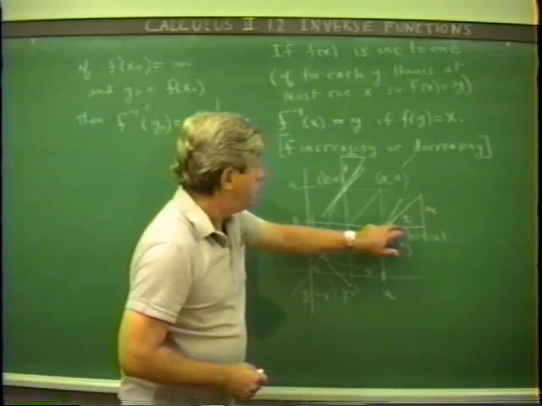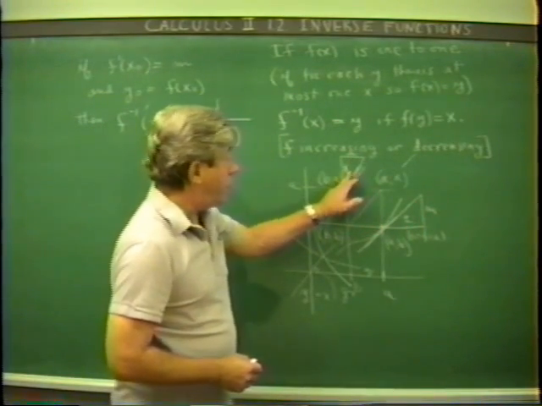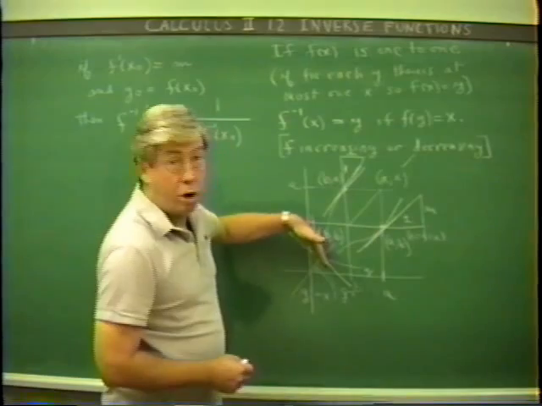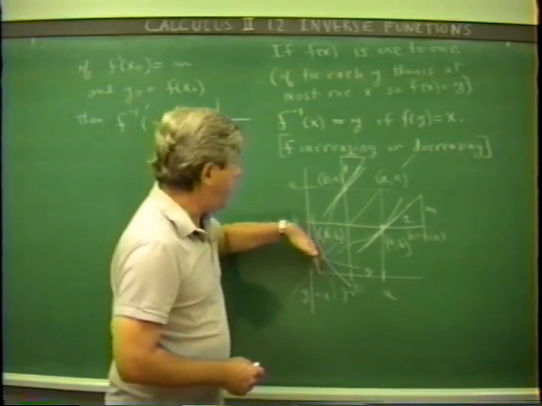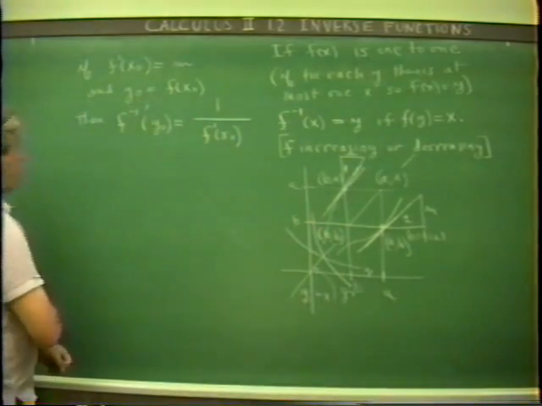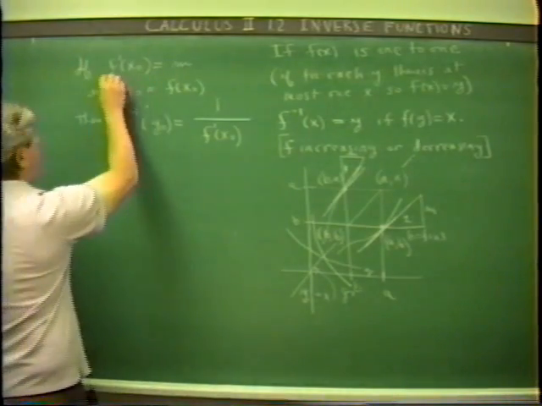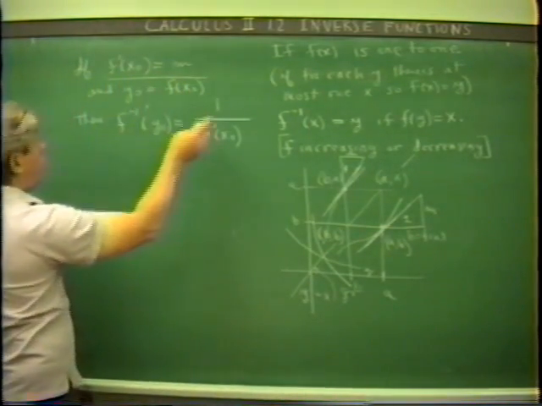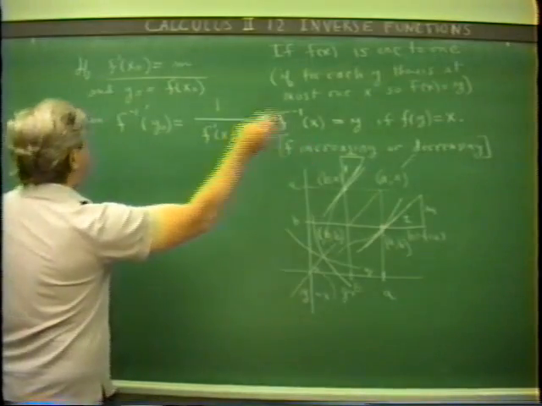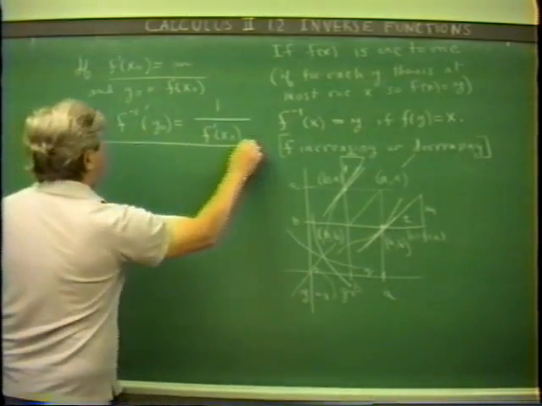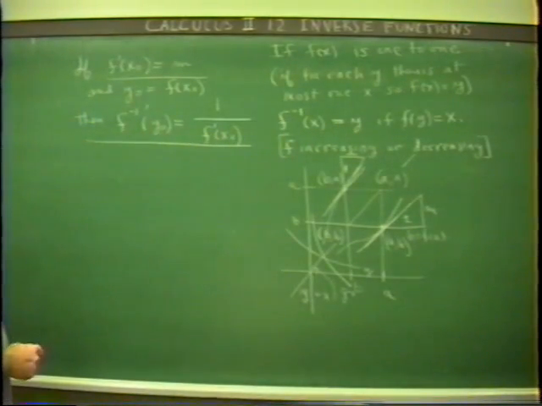See, if this was slope m, then this is going to be slope 1 over m. And the similar situation holds here if m happens to be negative. So if you know the derivative of a function, and you know that it's 1 to 1, and let's say increasing or decreasing, then you can find easily the derivative of the inverse function.